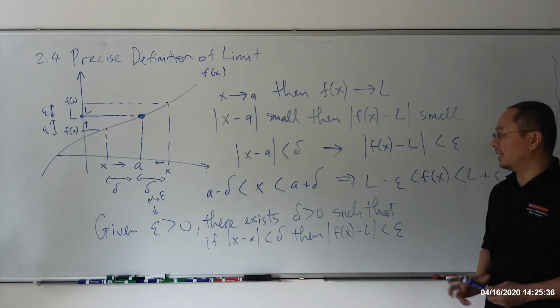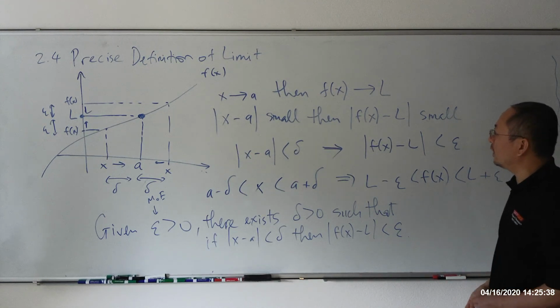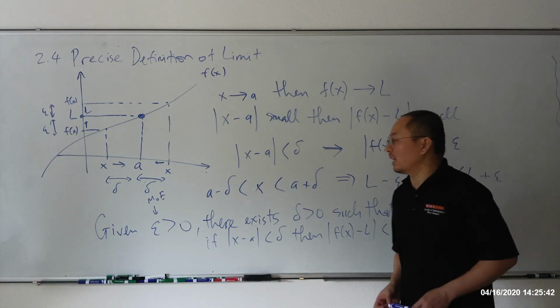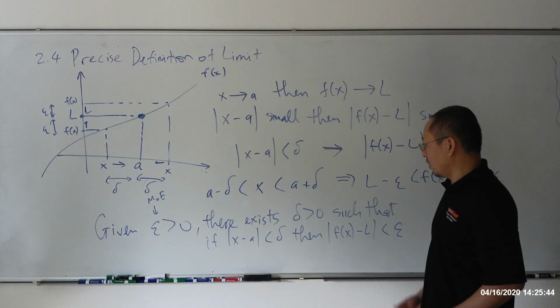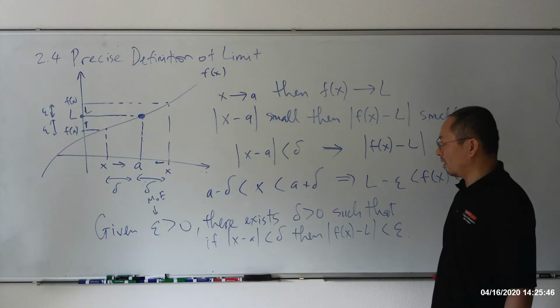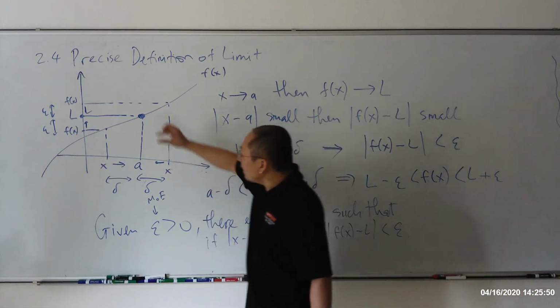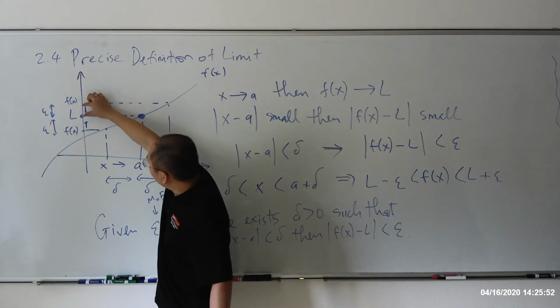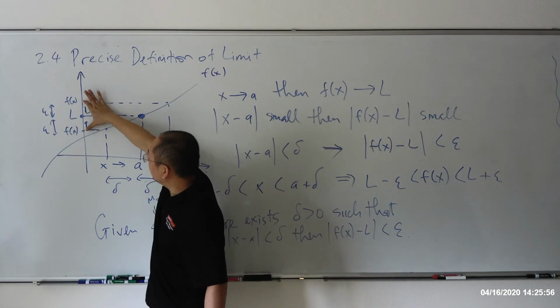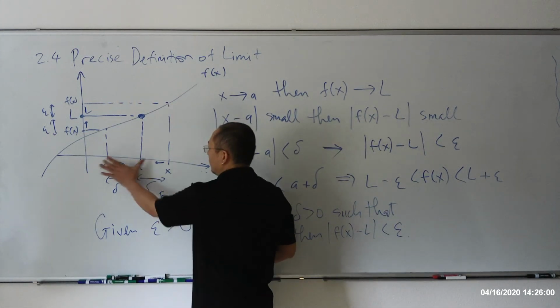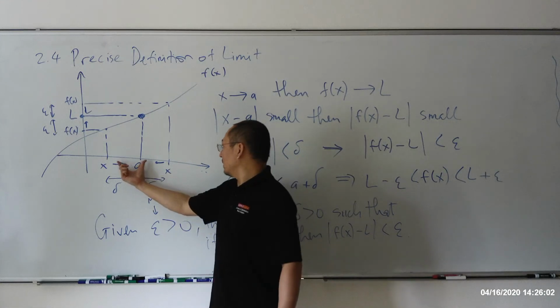And this is the formal definition of limit using epsilon-delta language from Cauchy, a long time ago. So pretty much the definition says this: if I want to approximate the limit within an error of epsilon, then I can always project it down to the x-axis, and I can find the interval where x falls in there.